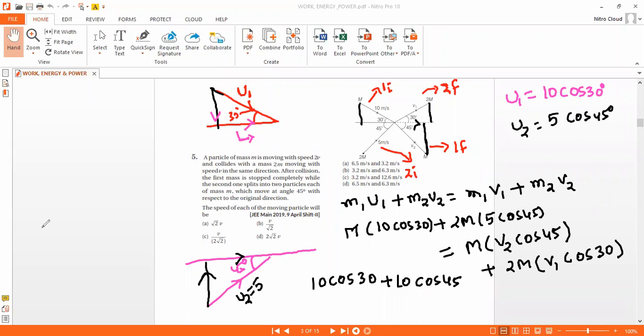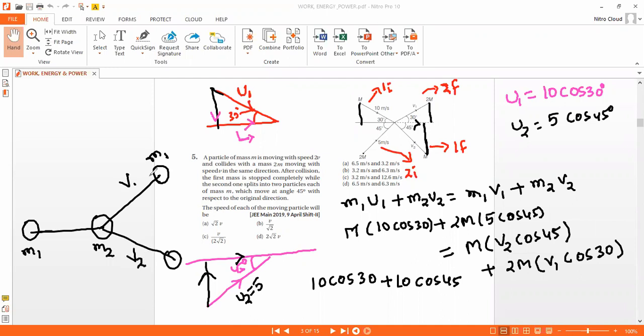Suppose m1 and m2 here, before collision both the particles are moving along the line of impact. After collision, if the two particles are moving with velocities v1, this is the first particle, and v2, this is the second particle.